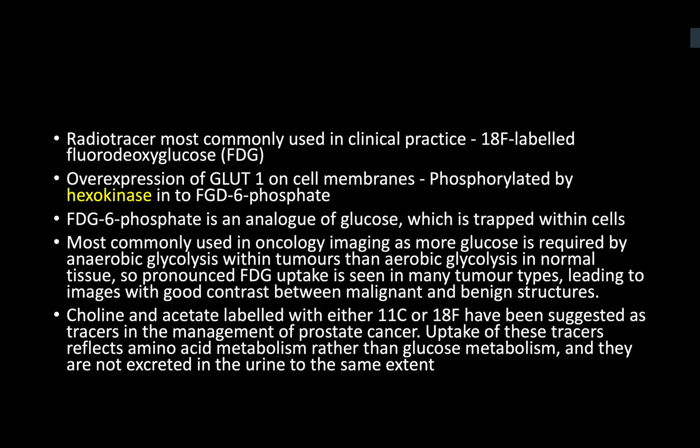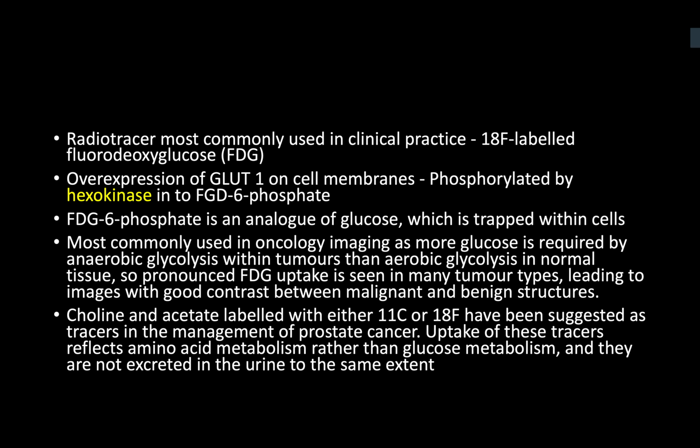So FDG, what is the principle of FDG? I'm not very clear on that. So how FDG acts is, FDG is fluorodeoxyglucose, labeled with fluorine-18. In cancer cells, there is overexpression of mainly 2 things, GLUT1 on the cell membranes, and hexokinase inside the cells.